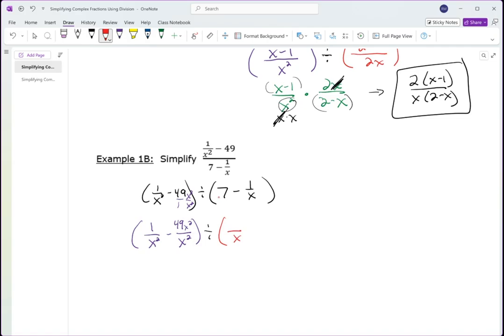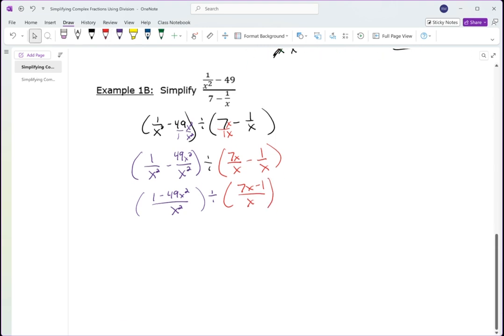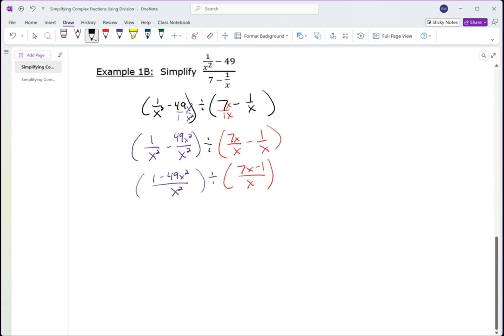The denominator, since that's over 1, would be x, and I'm going to multiply x over x on that first guy. And if we rewrite this, this would just be 1 minus 49x squared all over x squared. And then this would be 7x minus 1 all over x. So now I'm going to rewrite it as a multiplication problem.